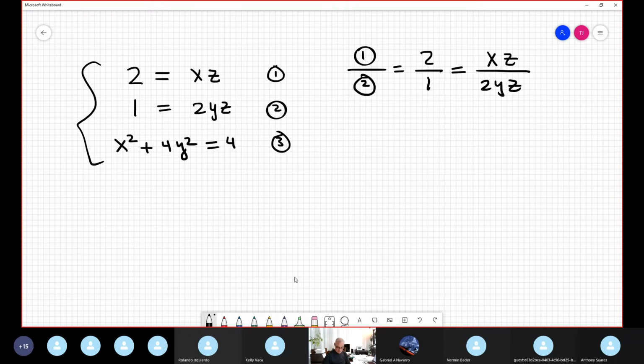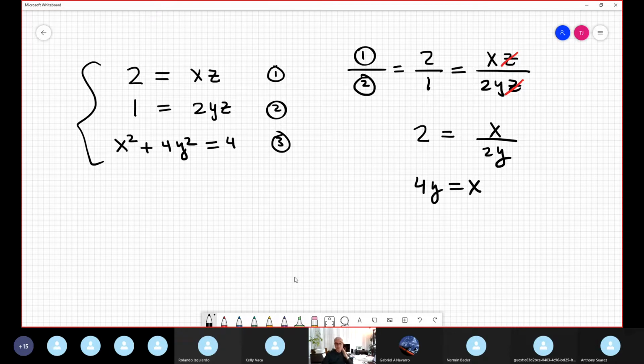So it's obvious that at least 1 z is cancelled. So my equation so far is 2 equal x over 2y. Or cross multiply, 4y equal x.